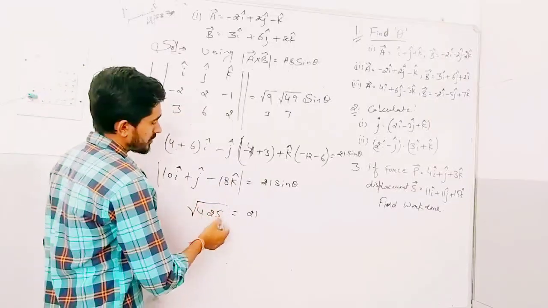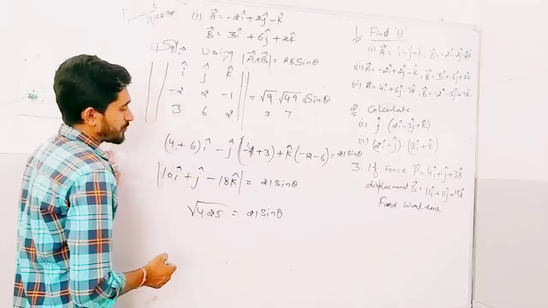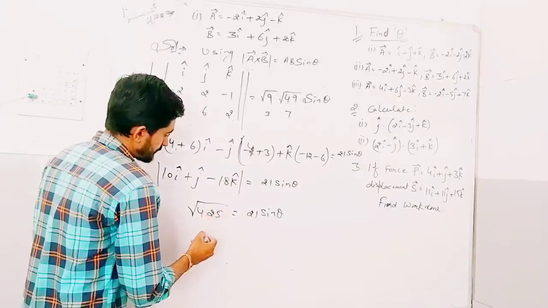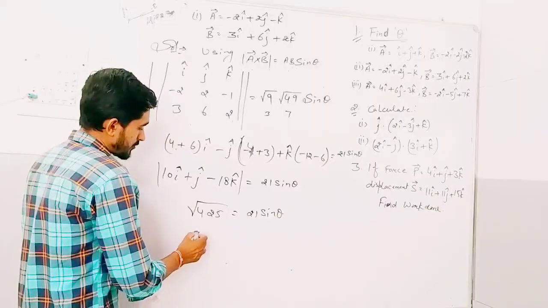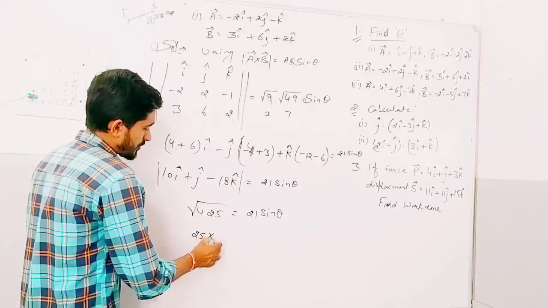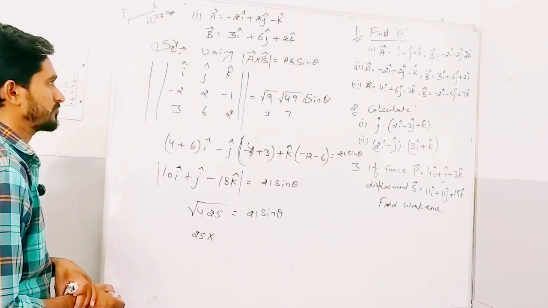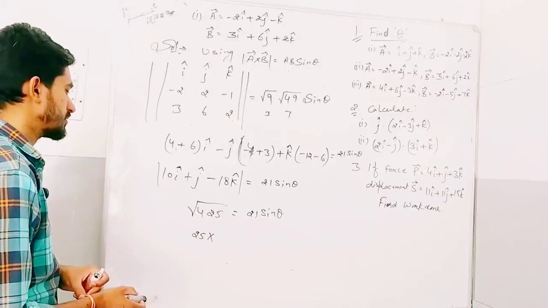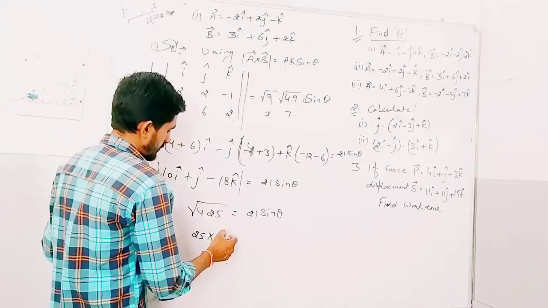Magnitude of this vector is 425 sin theta, and then this is 25 into 4, 8, 16, 17, under root 17.